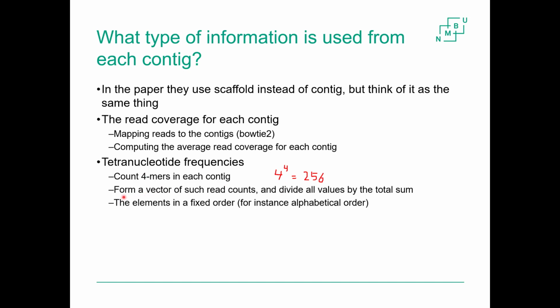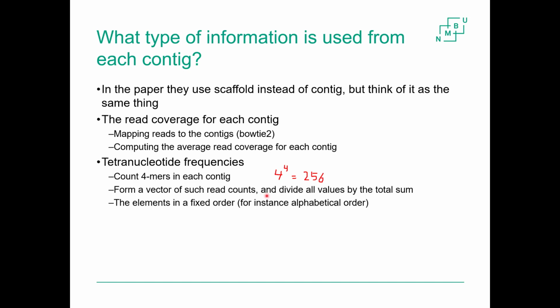But anyway, doesn't matter. Form a vector of such read counts and divide all values by the total sum. Actually, the last part here is not really stated anywhere, at least I couldn't find it in that paper, that they actually divide by the total sum so that you have relative frequencies.